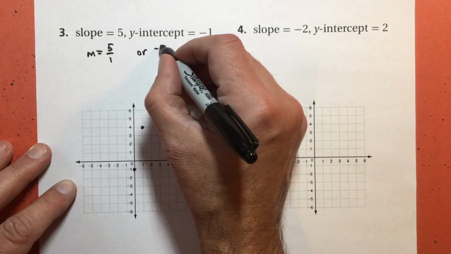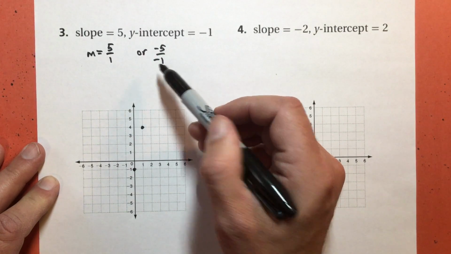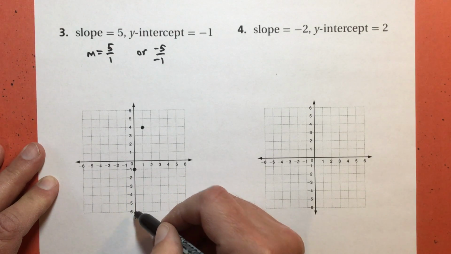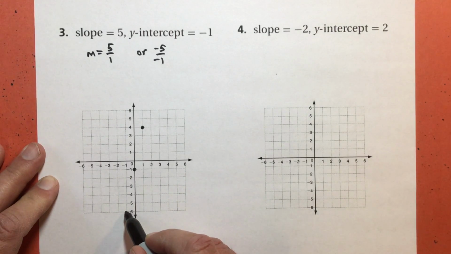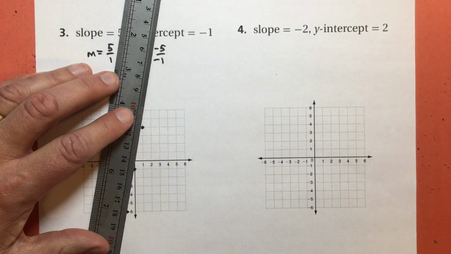The other way to write it would be -5 over -1, which is down 5 and to the left 1. So go back here, go 1, 2, 3, 4, 5. I'm already at the bottom of the grid, and turn left 1. This one I think I may need to use my ruler for.